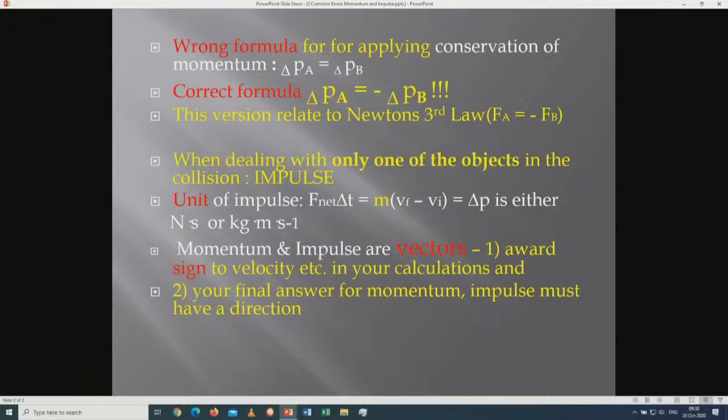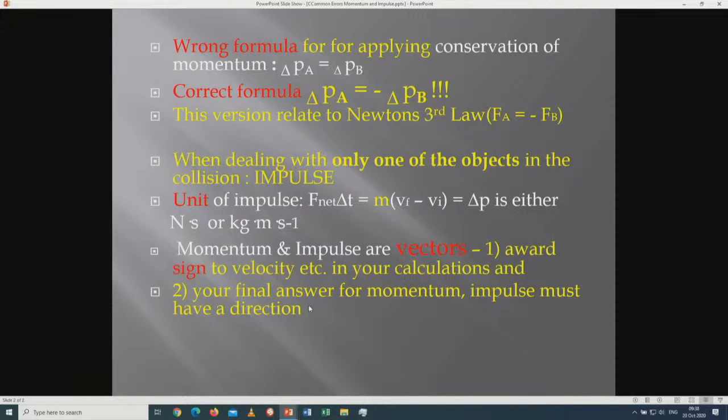And then, very important, if they ask to calculate the momentum or the impulse, you must remember again, these are vector quantities, so there must be a direction attached to your final answer.